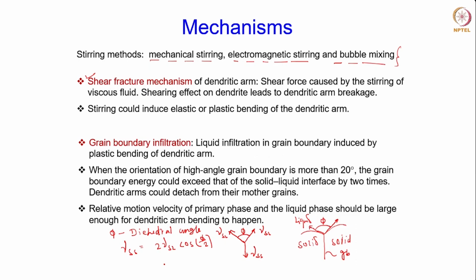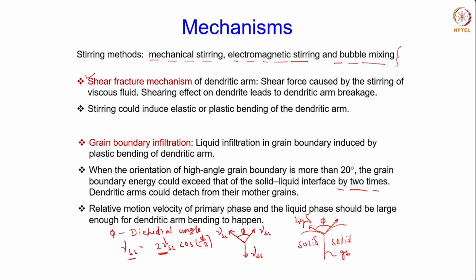So when the angle becomes very small and approaches 0, then you could see that 2 times the solid-solid interfacial energy will become 2 times the solid-liquid interfacial energy. Okay, and that's what I meant over here. If phi approaches 0, then gamma SS will be equal to 2 gamma SL.